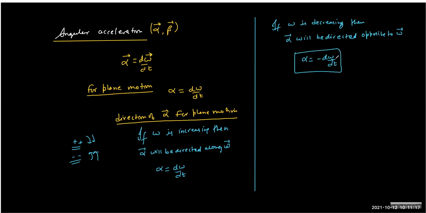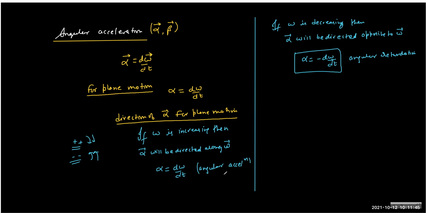So the equation you will write is, this is called the angular retardation. And this is the angular accelerated motion or acceleration. It depends on context; you need to infer from context.